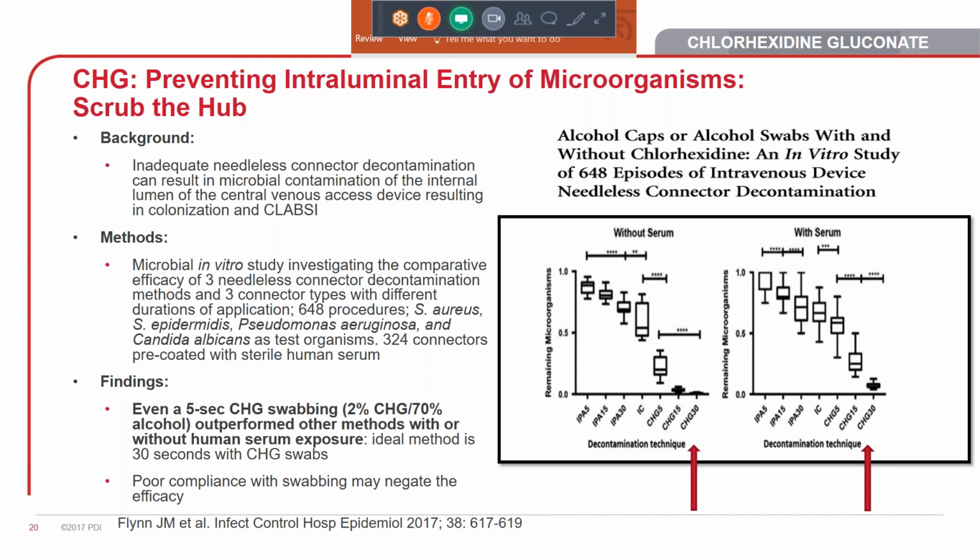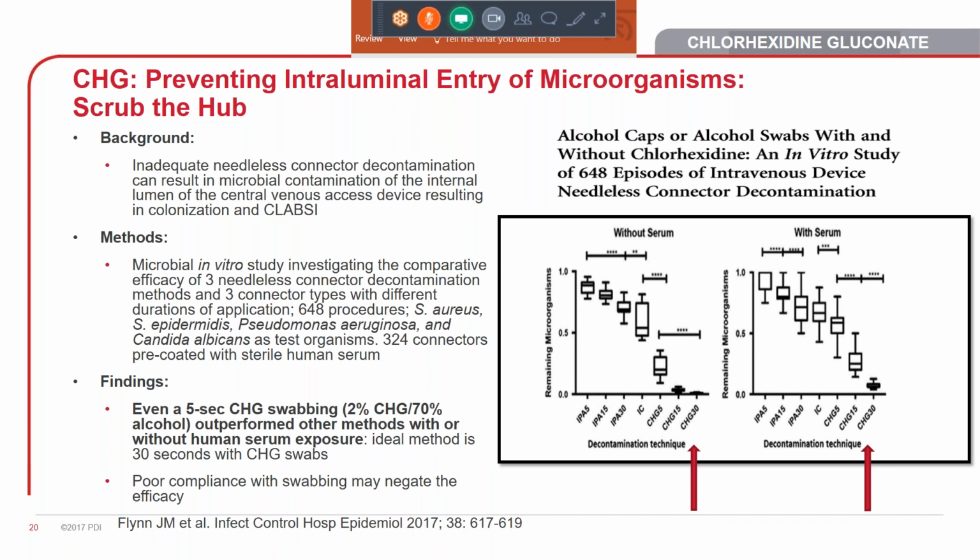The IC stands for the alcohol cap, and then you see the chlorhexidine at 5, 15, and 30 seconds. So on the left, the connectors that do not have serum applied, or they weren't pre-coated, so 324 of those connectors, and then those that did get pre-coated with sterile human serum on the right. And then on your y-axis, you see the remaining microorganisms.